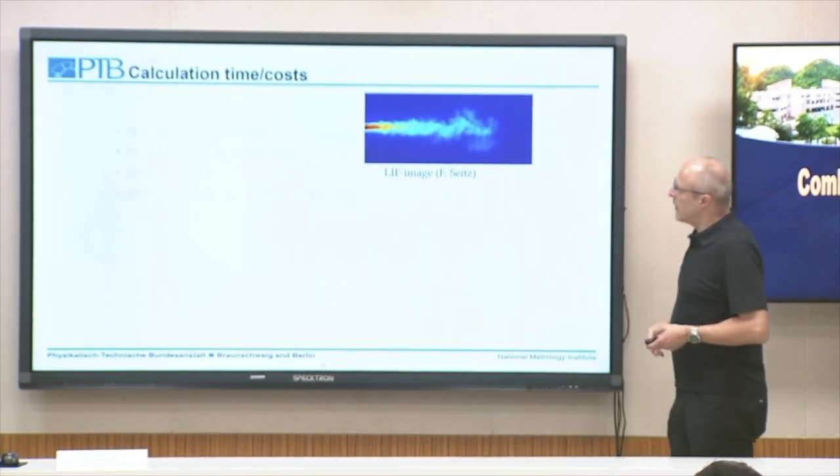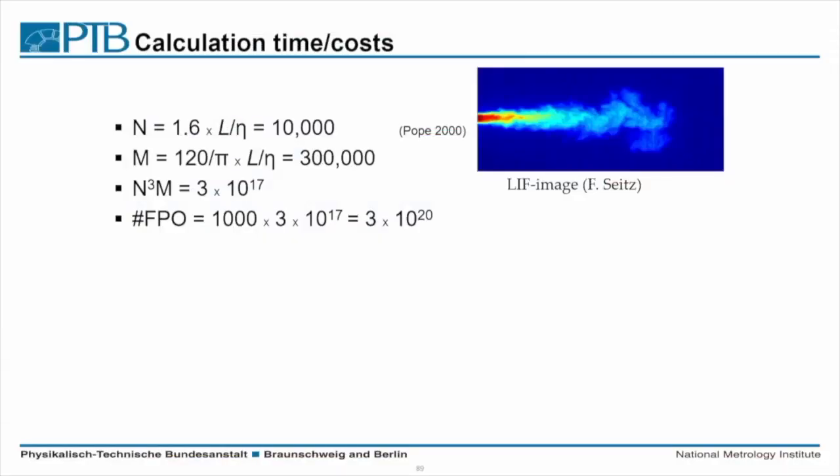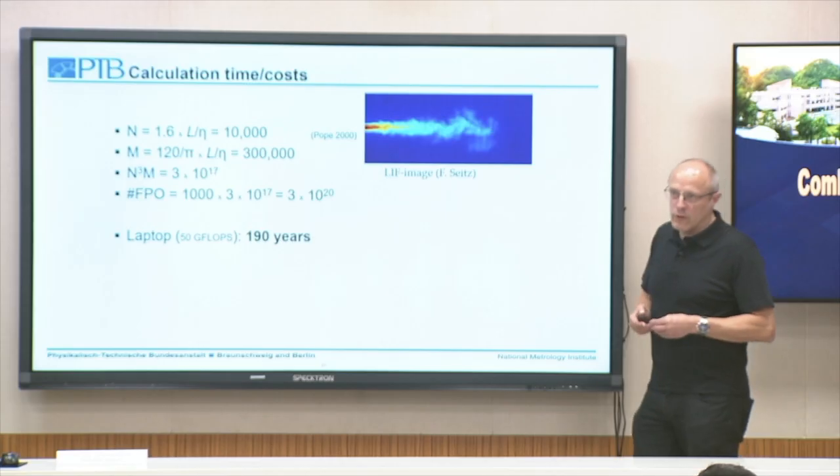If we want to calculate it, we have to consider different quantities. So how many equations we have to solve if we have to use a fine grid. So it's very costly 3D numerical simulation. This can be done, of course.